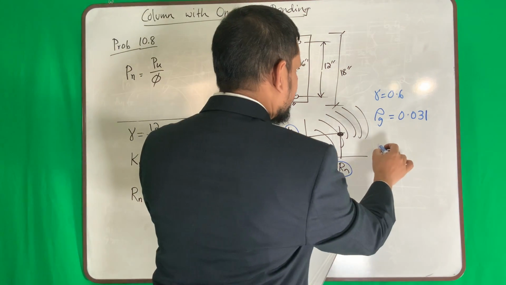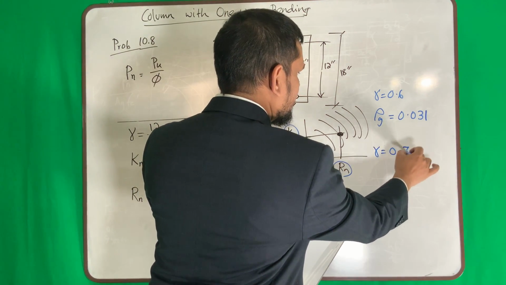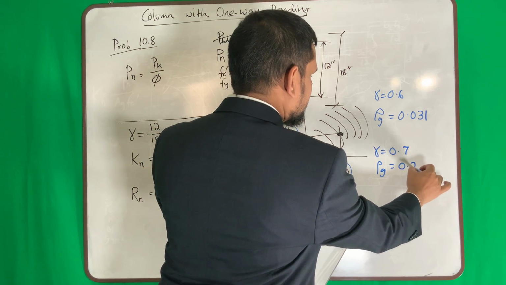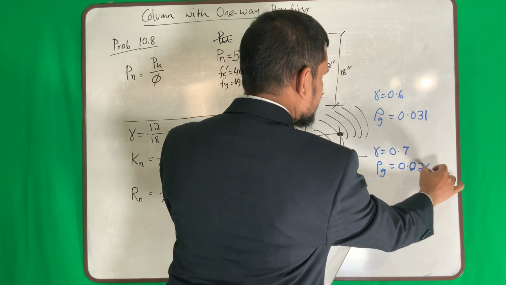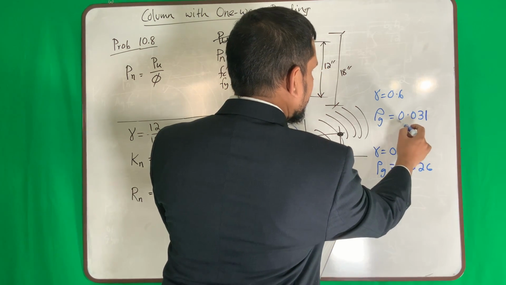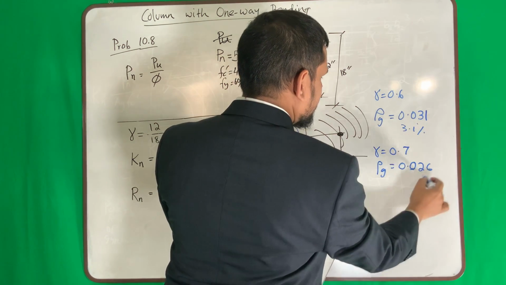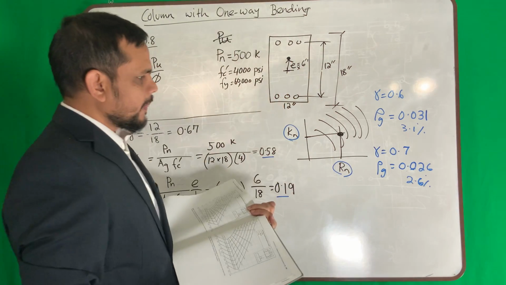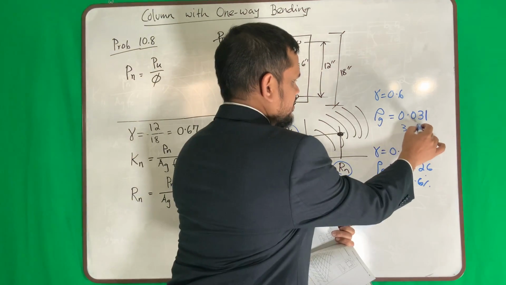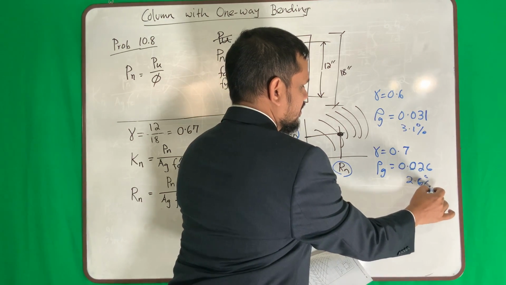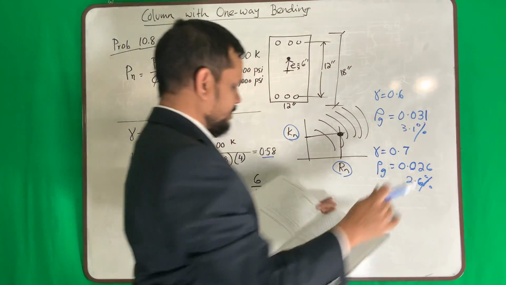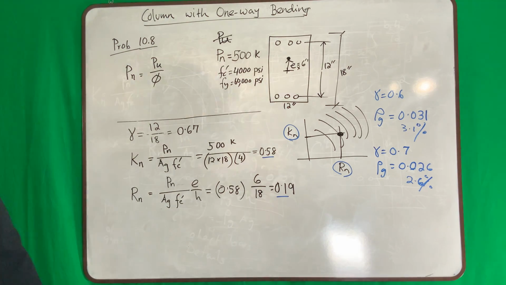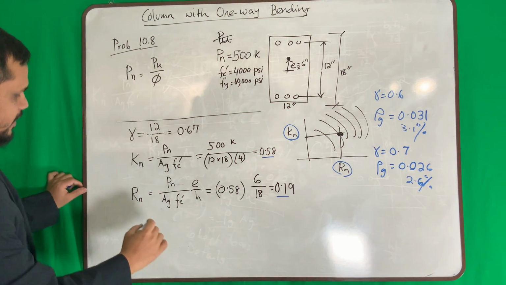So when gamma is 0.7, I am getting rho g of 0.026, or I can write 3.1% to 2.6%. If you use percent or value, whatever, yes, roughly this. Okay, so now make a table.